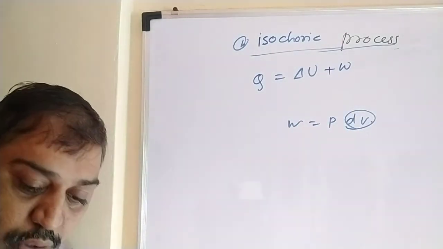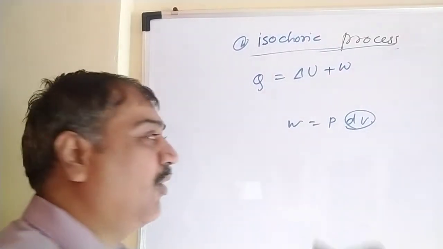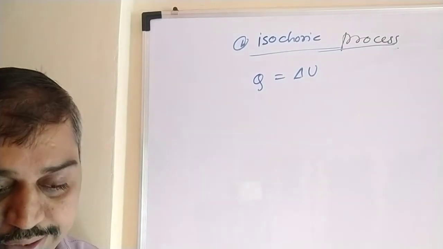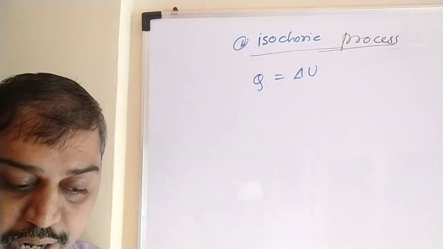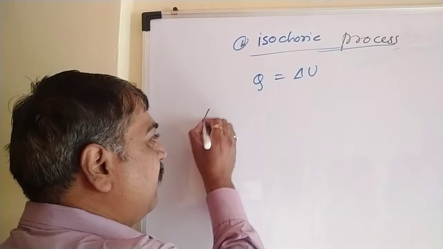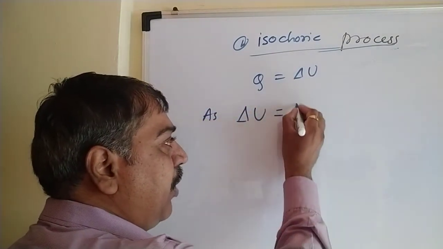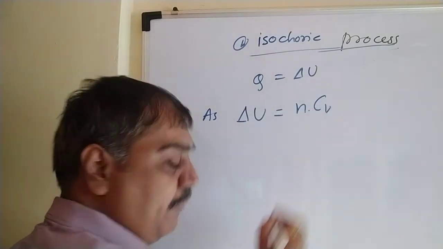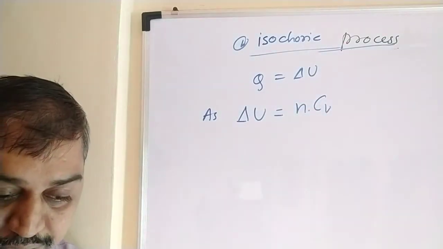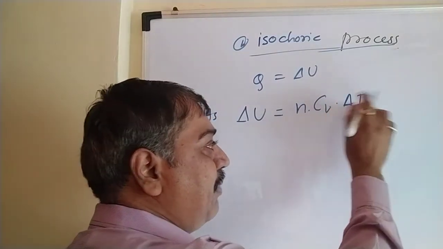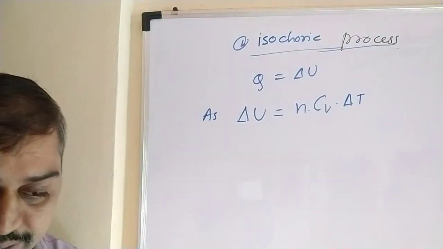That's why they have not taken W here, they have just mentioned Q equal to delta U. And as we have derived before, delta U equals n into Cv into delta T. Delta T means Tf minus Ti, that we can find out.